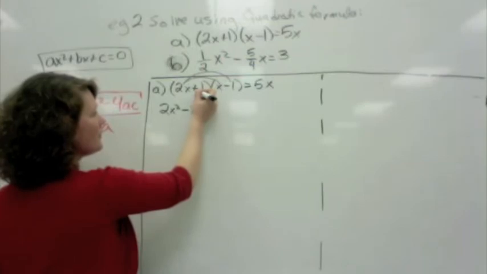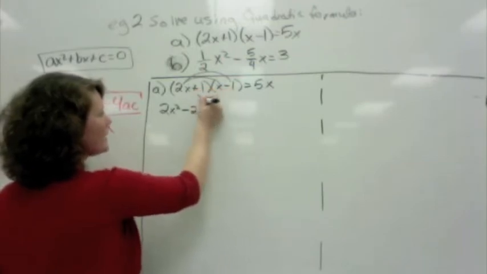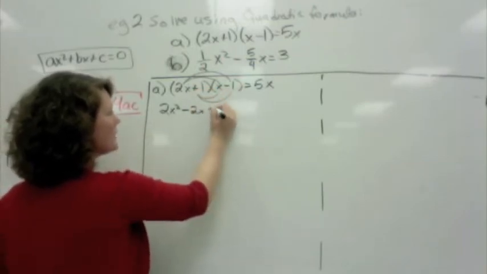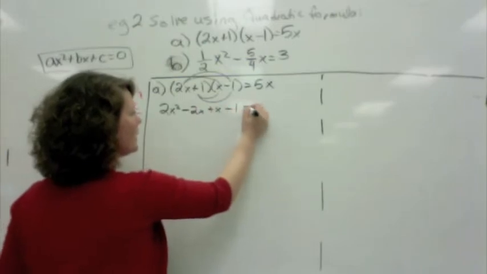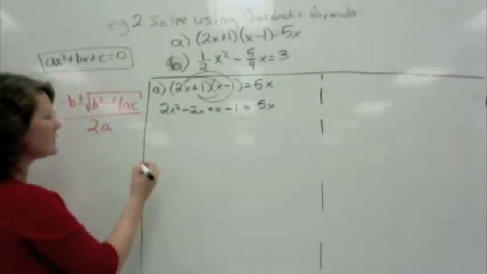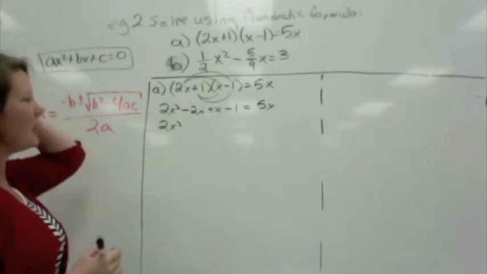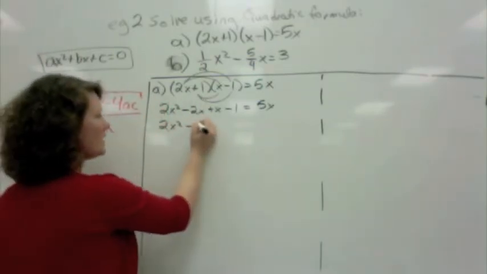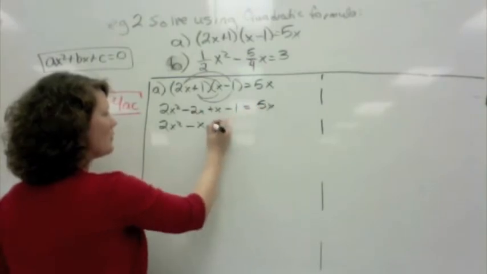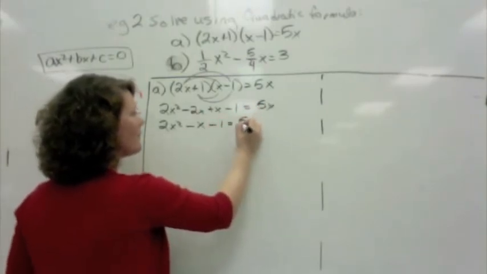Now we're going to go from the second one, plus x minus 1, equals 5x. Let's collect like terms. 2x squared, negative 2x plus x is just negative x, minus 1 equals 5x.